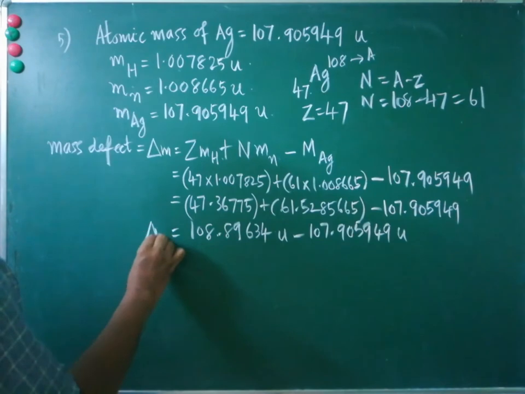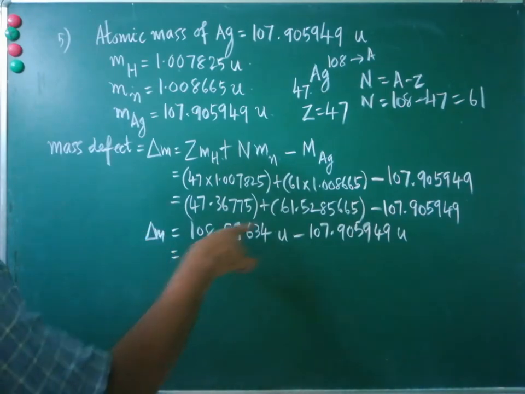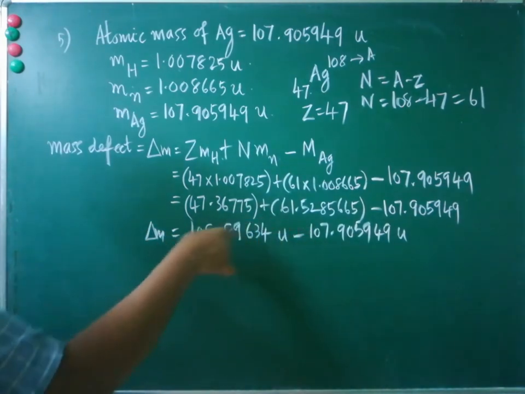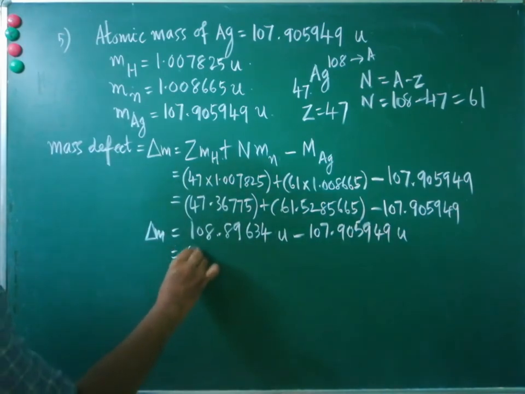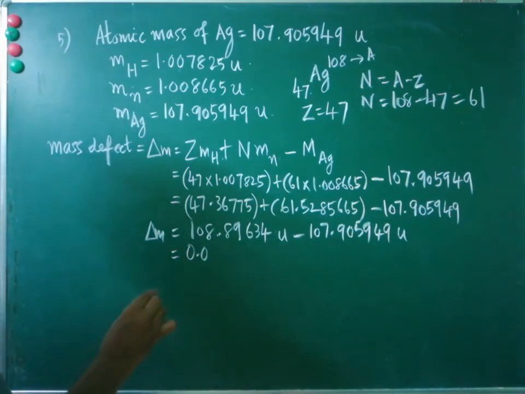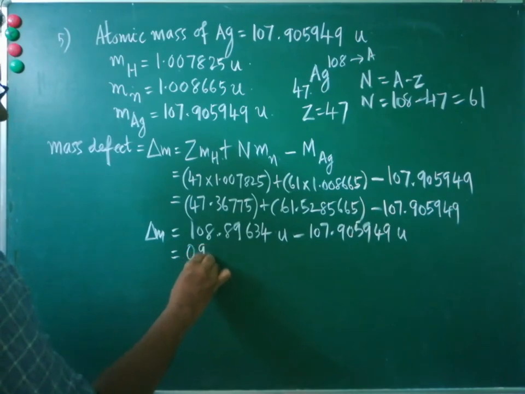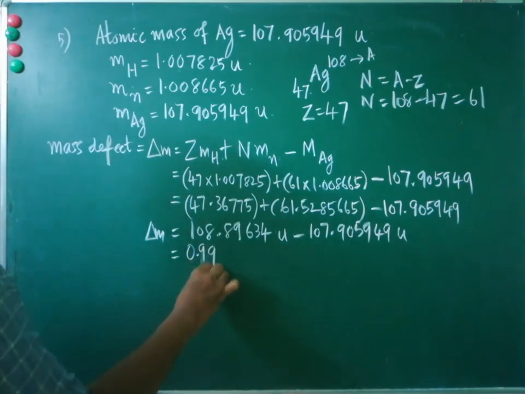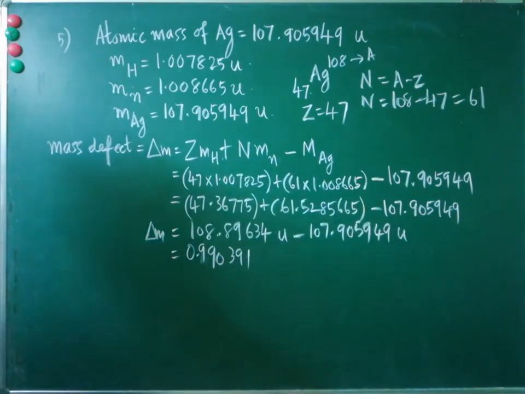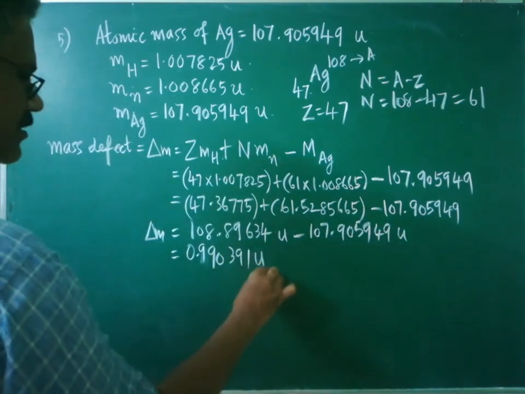Now we are able to calculate the mass defect. If you subtract, the mass defect is 0.990391. So this is the value called mass defect.